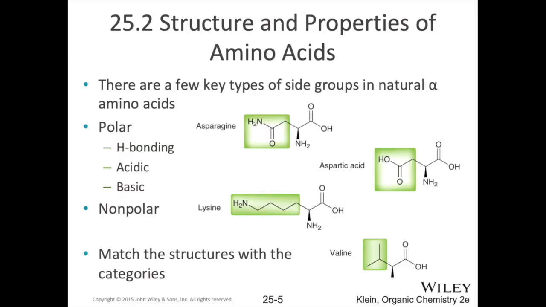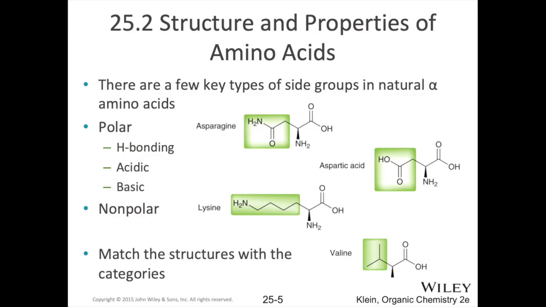Now we can break this down into different subcategories to make this a little bit easier to group together. You could break this down into polar versus nonpolar groups. Nonpolar groups are mostly carbon and hydrogen based, as the name suggests. The polar groups can be subdivided even further.